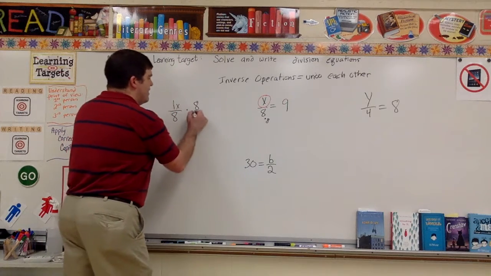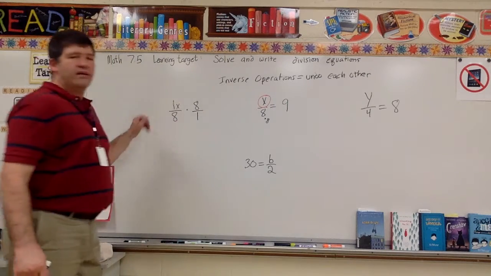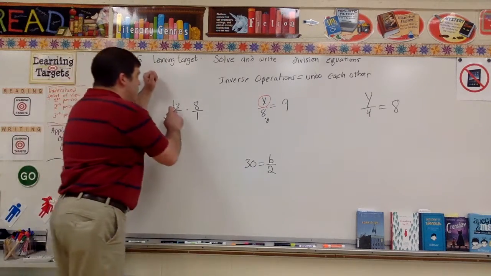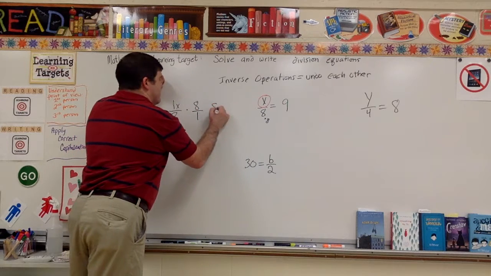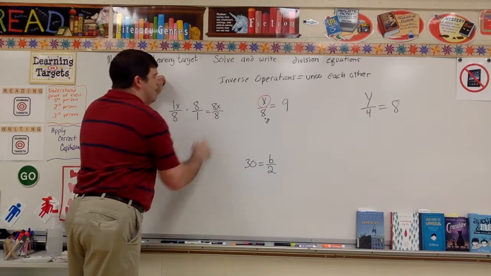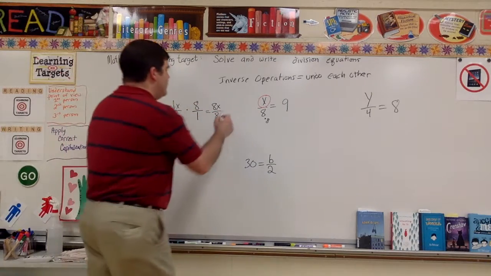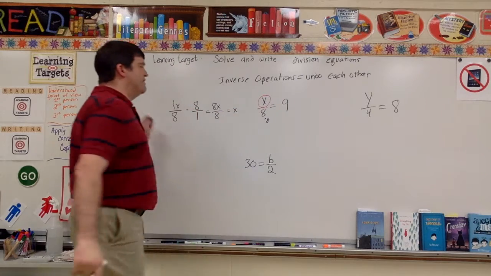The way I make 8 into a fraction is I put a 1 under it. So now I do 1x times 8 gives me 8x over 8 times 1 is 8. Now 8 over 8 is just 1, which means it's just x.